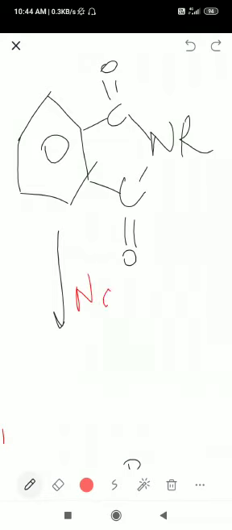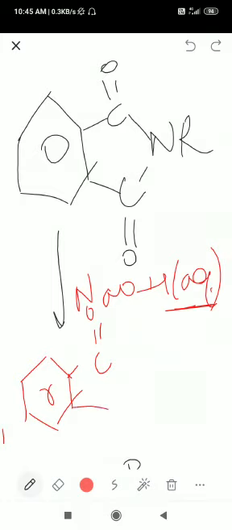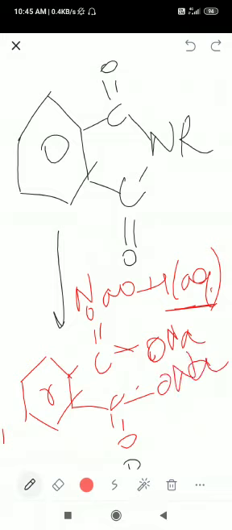Then we will get our final product, RNH2, and because it is aqueous, water is already present, so we will get this salt, the sodium salt, plus we will get RNH2.